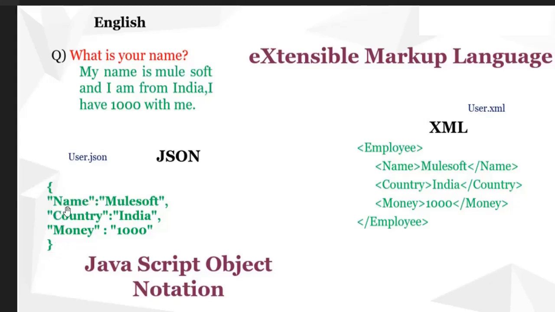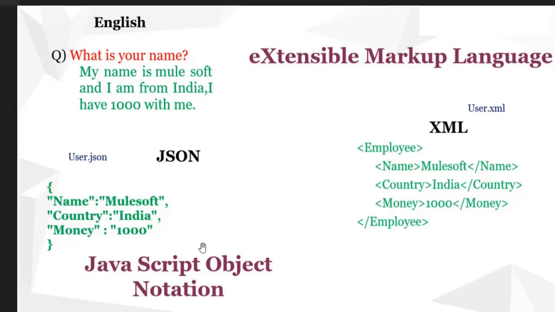In those braces you represent the key and value in double quotation marks, with a colon separating the key and the value. One key and one value is a key value pair.